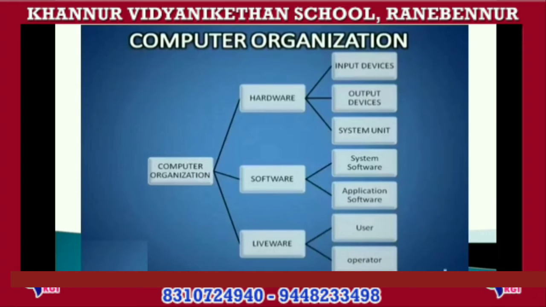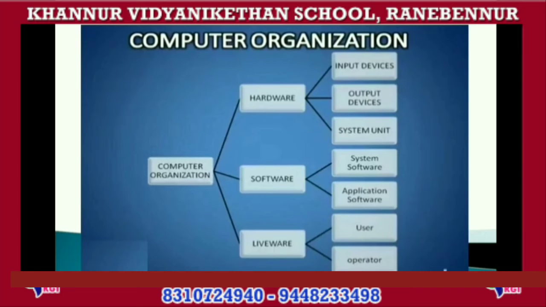Then software. In software we again have two types: system software and application software. In system software, Windows XP, Windows 7, Windows 8, Windows 10, all these are system software. Even your mobile phones' Android OS, Mac OS, Apple phones' Mac OS, all these are system software.